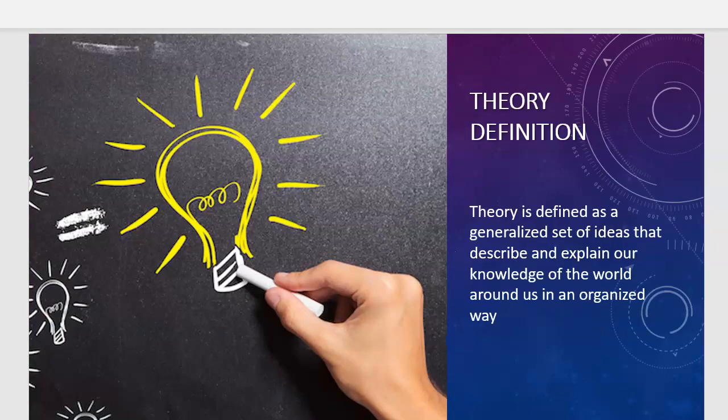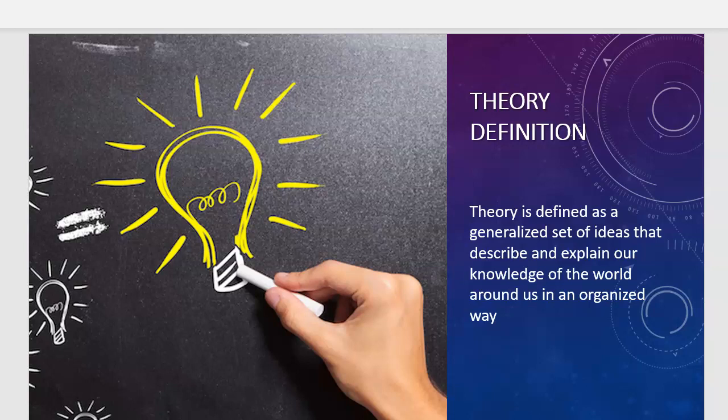Let's start with a definition. Theory is defined as a generalized set of ideas that describe and explain our knowledge of the world around us in an organized way. The important words that jump out here are that theories are comprised of more than one idea.